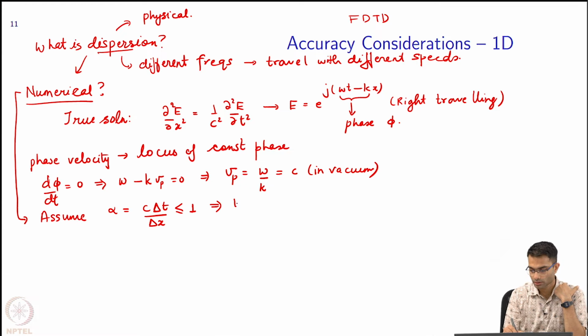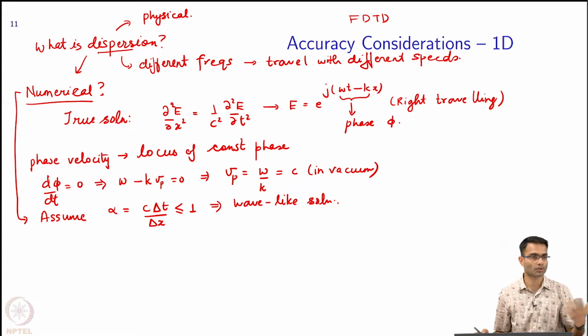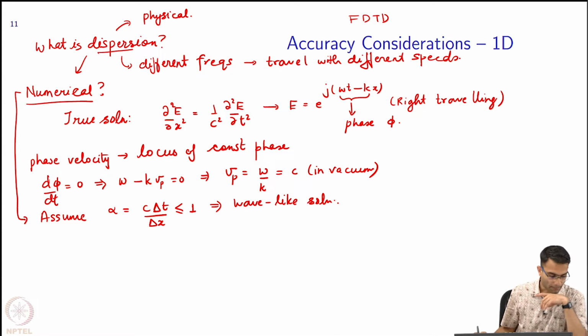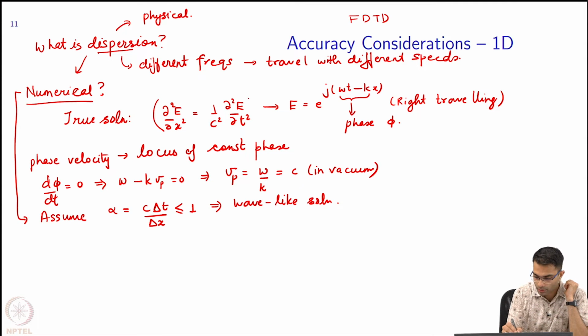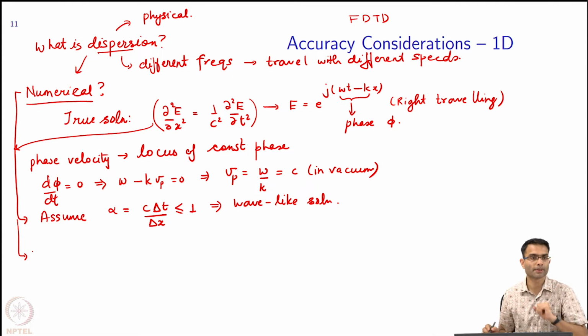So, that says a wave-like solution is what is obtained, right. Now, what do I do? So, this equation over here, I can replace the second derivative by finite differences, right.